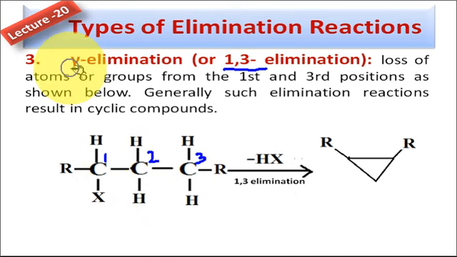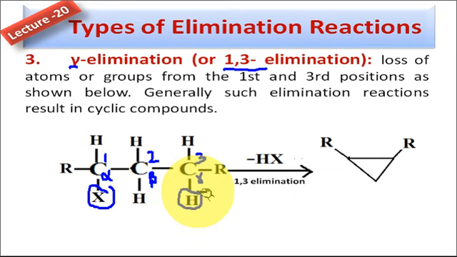And why is it called the gamma elimination? Because look at the position. This is the alpha carbon atom, this is the beta carbon atom, and this is the gamma carbon atom. So the eliminating groups are situated at the first and the third position, that means the alpha and the gamma position. That's why it is called the gamma elimination.